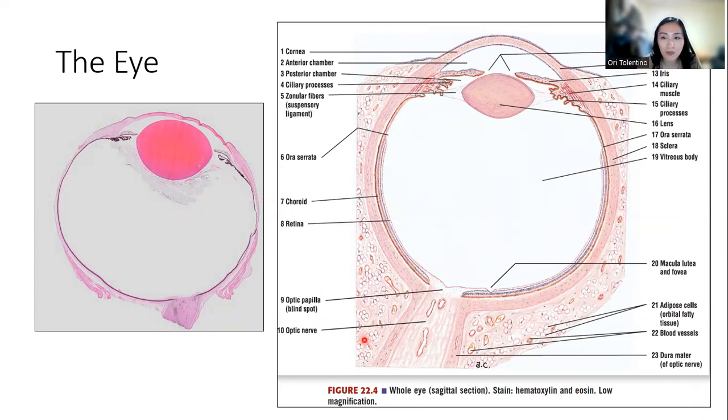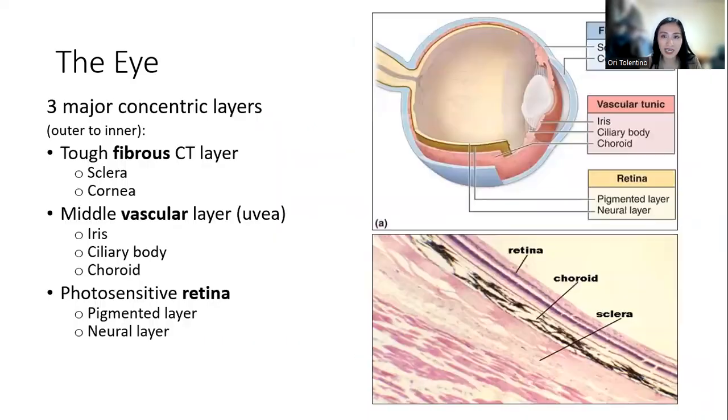So we have so many parts of the eye, as you can see here, but we will discuss just the important parts individually. Let's go about it systematically. The eyeball in general is surrounded by three concentric layers. An outer tough fibrous connective tissue layer composed of your sclera and your cornea, the fibrous tunic.